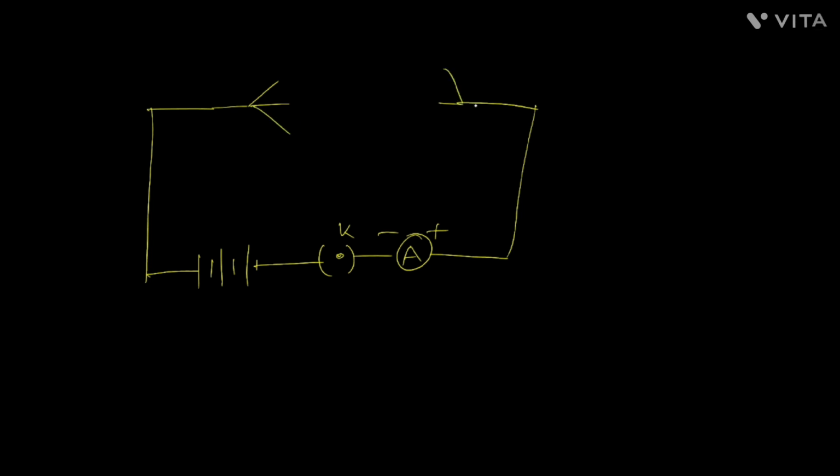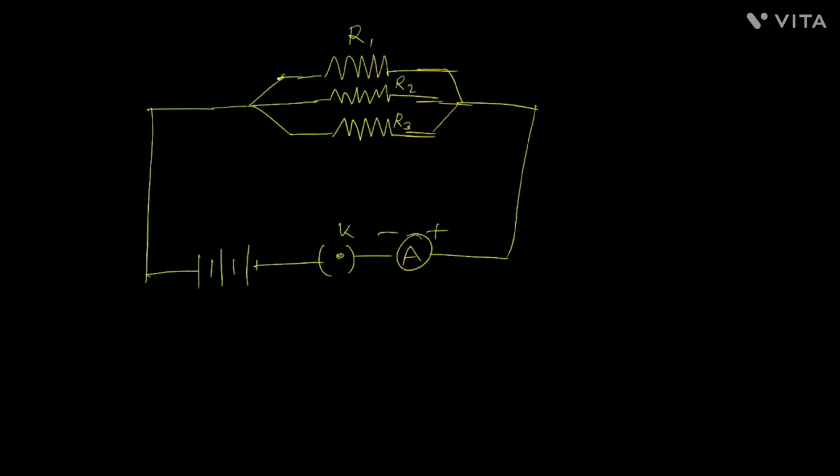Here also you can draw like this. This is going to be the first resistor, this is the second resistor, and this is the third resistor. Its name is R1, R2, and R3.